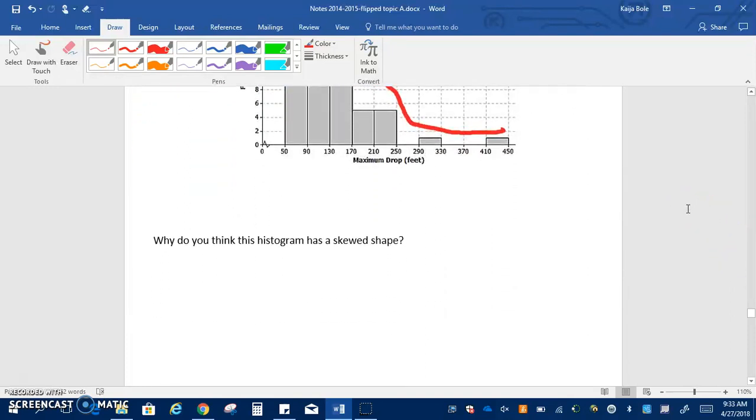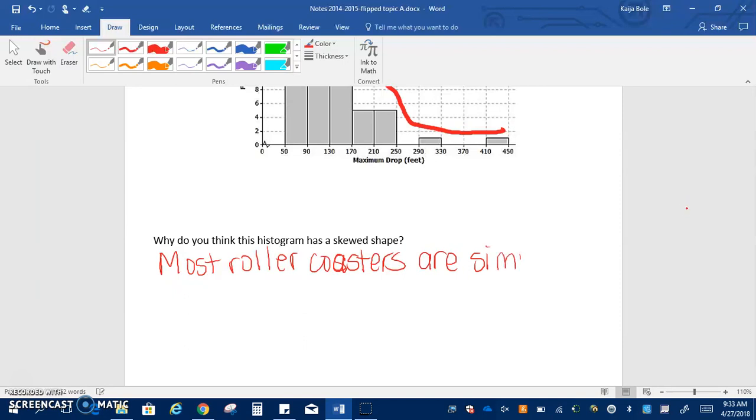And, well, if you look at the question, they're asking about roller coasters, and we would say that most roller coasters are similar in their drop lengths. So you have to think about it in real life.